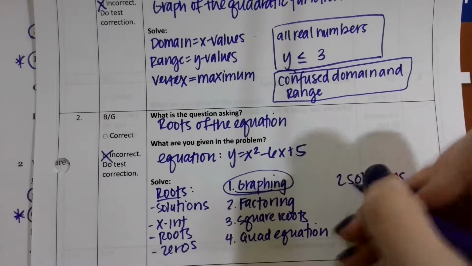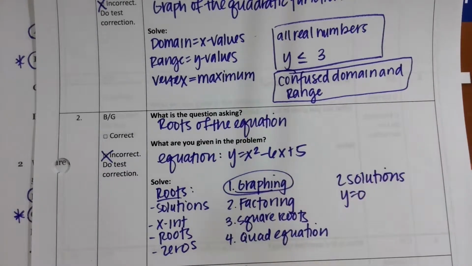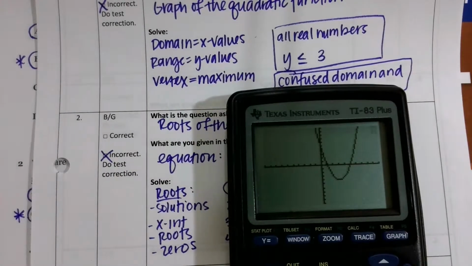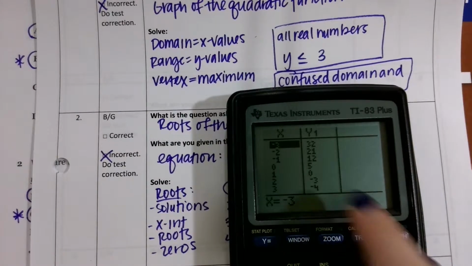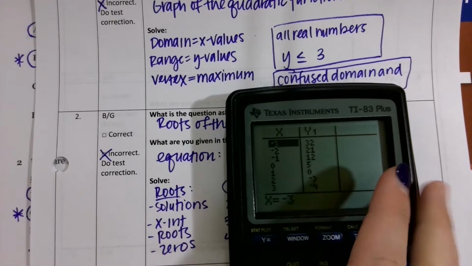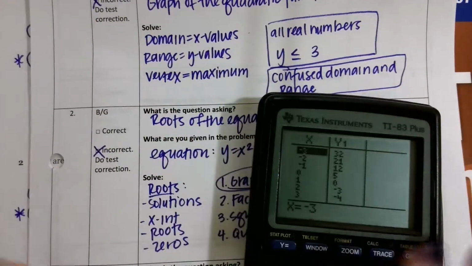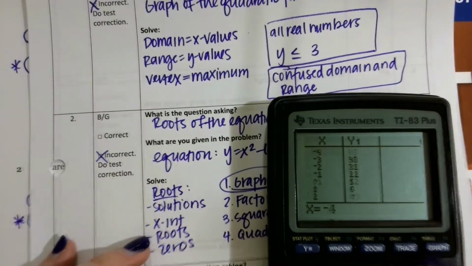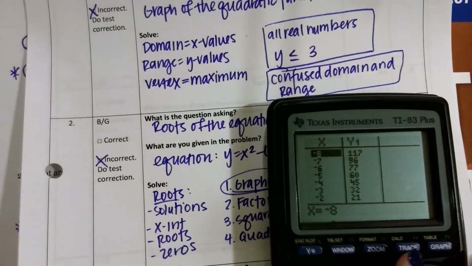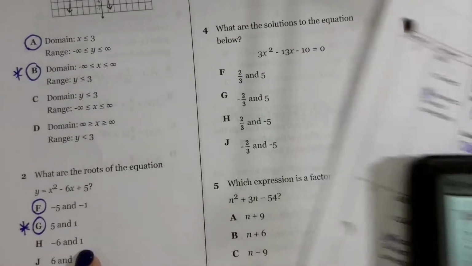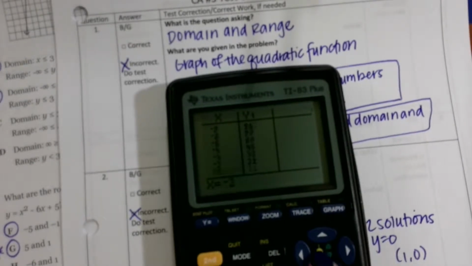How am I going to find those two solutions? I'm going to find where y equals 0 in my table. So second and then table, I'm going to find the two places where y is 0. So 1 comma 0 is my first solution. And you can even look at the answer choice and say 1 comma 0, and then I know that 5 comma 0 has got to be my answer choice too. So I can scroll through my table and find that my answer is also 5 comma 0.